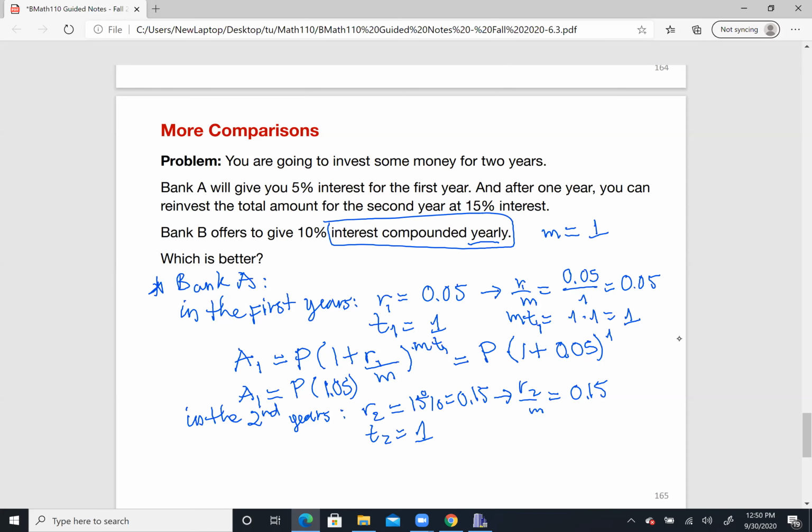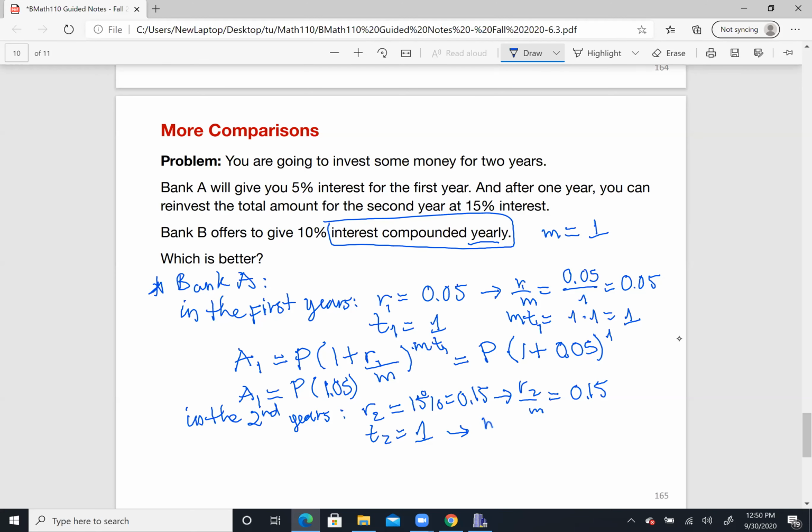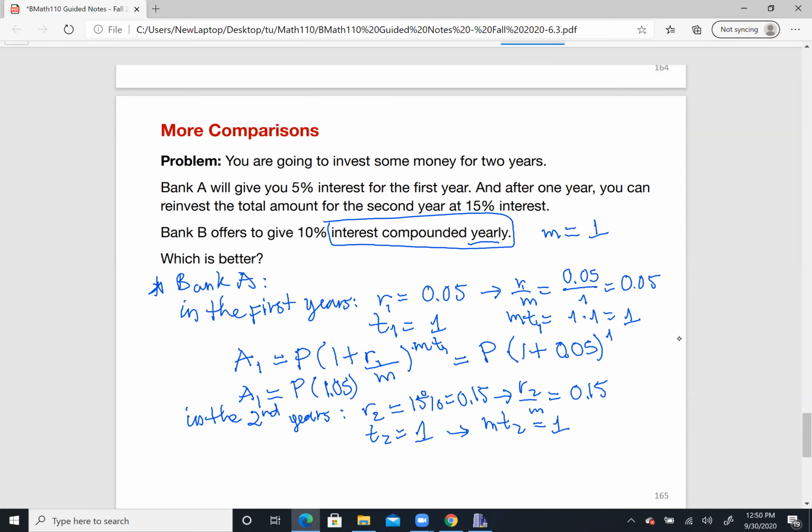So M times T2 still equal to 1. So actually this is exactly simple interest because yearly gonna be like that. Anyway, that's fine.